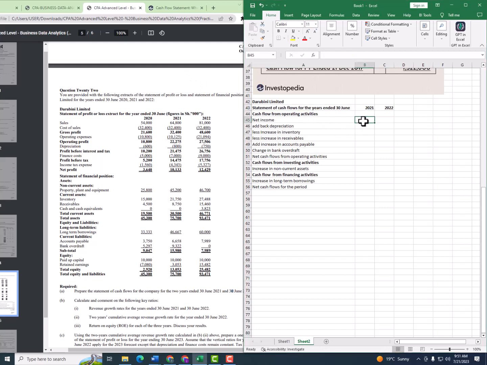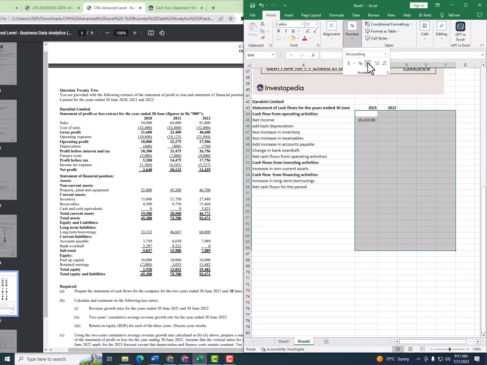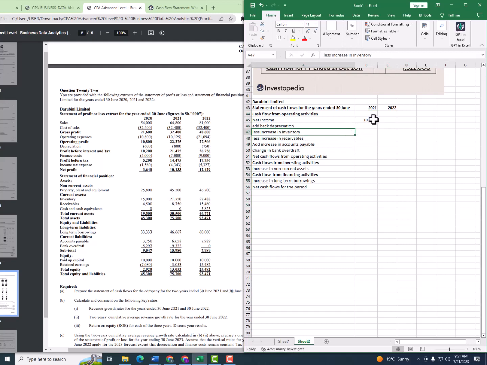Now to begin, net income for 2021, we simply look at the statement of profit and loss, and we can see 2021 it was 10,133. We need to format these cells to be in comma format. So we highlight this section, and then we click on the comma, and then we remove the decimal points, and we have our 10,133 for 2021, straight out of the profit and loss account.